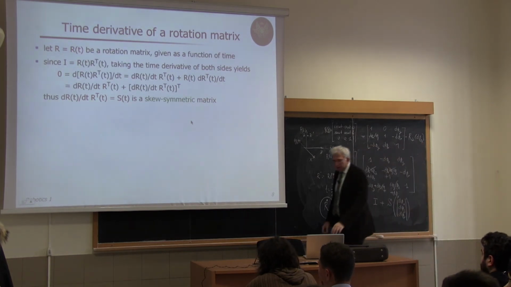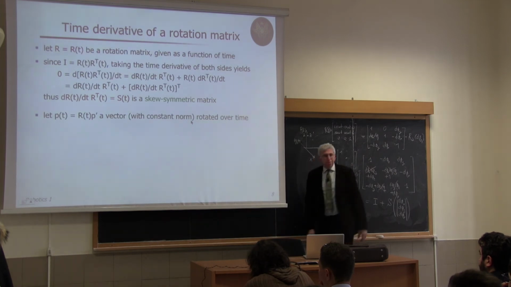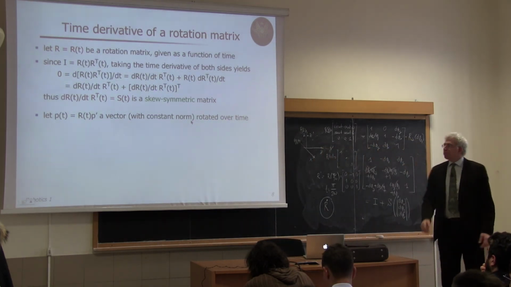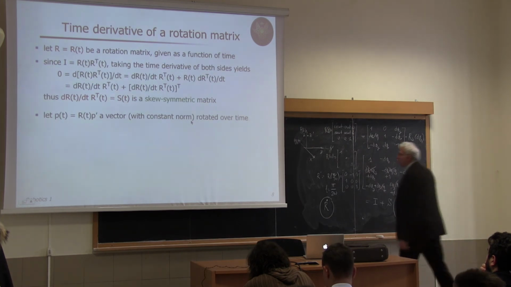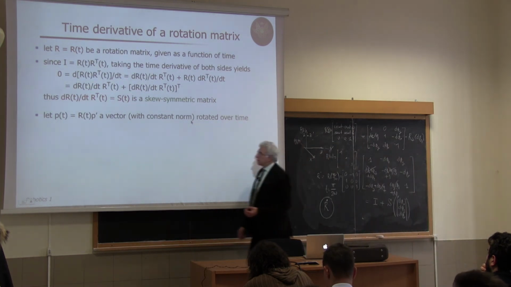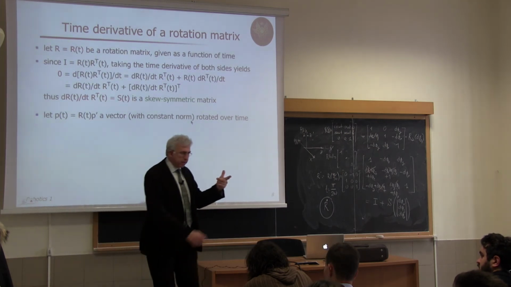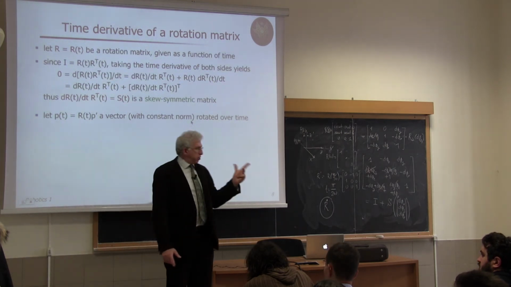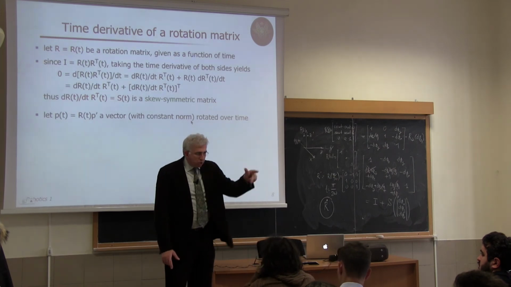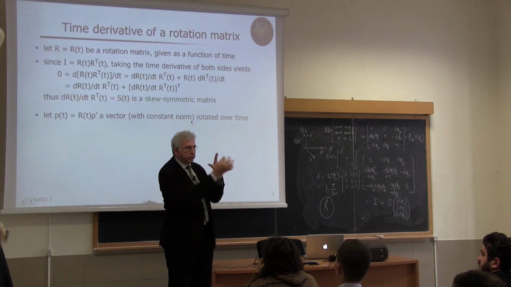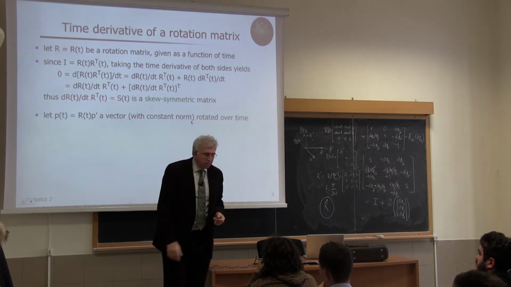So, and now, remember the Earth spinning. Suppose that you have a point, and this point is fixed in a frame R, which changes over time. So the position of this point changes with the orientation of the frame.